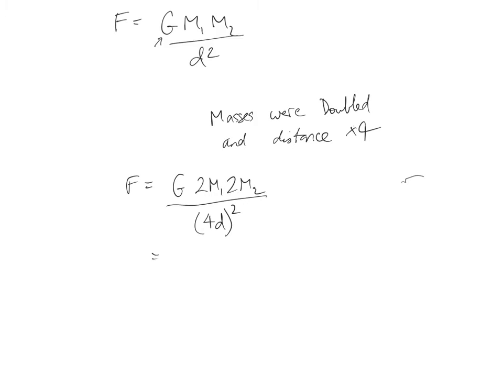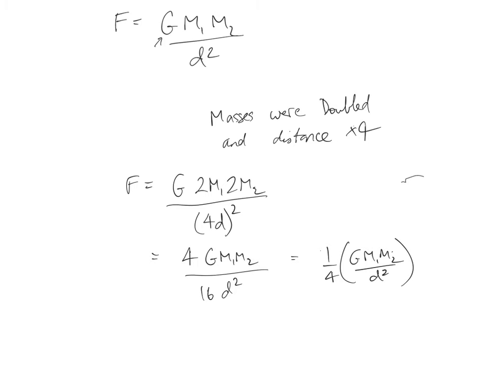And we'll get a value of 4 outside of G m1 m2, divided by 16 d squared, expanding that out. 4 on 16 is a quarter, so we'll have 1/4 outside of our original force. So the new force will be 1/4 the old force.